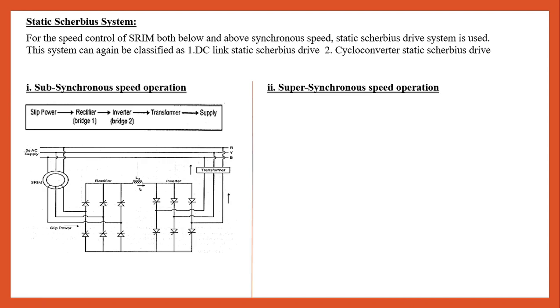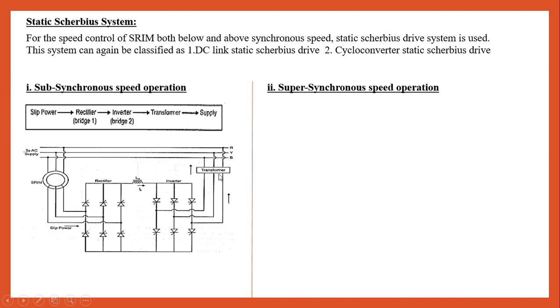is connected to the stator terminals of the SRIM, and the slip power taken from the rotor terminals is given to bridge 1, called a rectifier circuit, which converts three-phase AC into DC. Then the output of the rectifier is given to the inverter. It converts DC into three-phase AC.